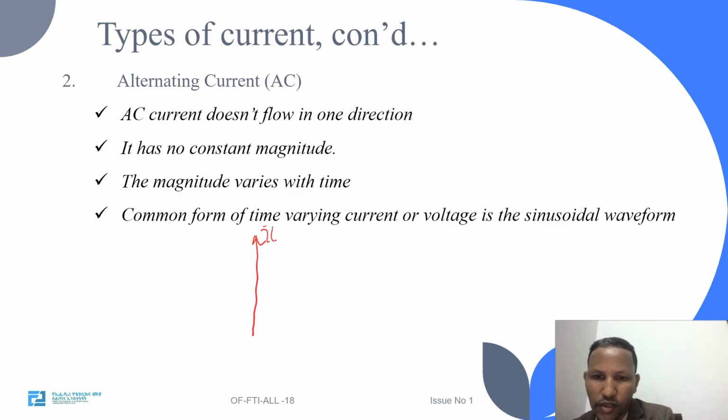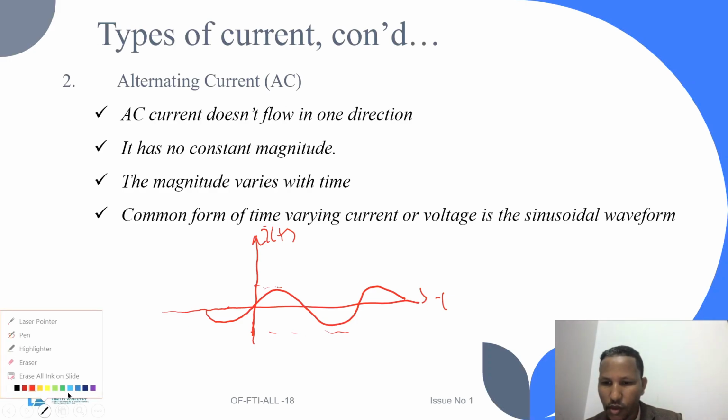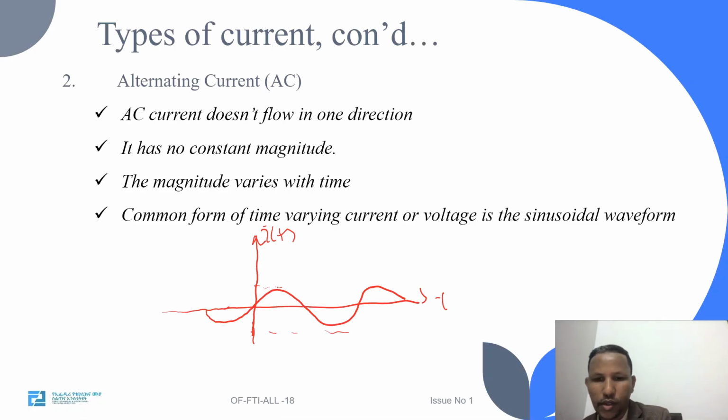So you can consider this is i(t), and this is t. This is the peak value, the maximum value, in both directions, positive as well as negative. It starts from 0 and comes to the maximum value.